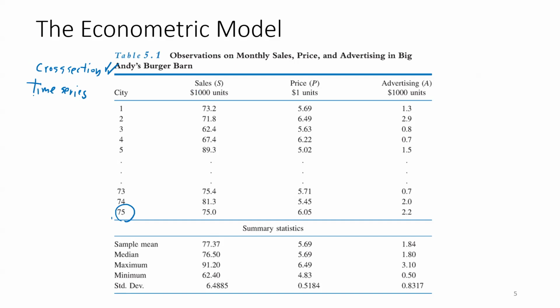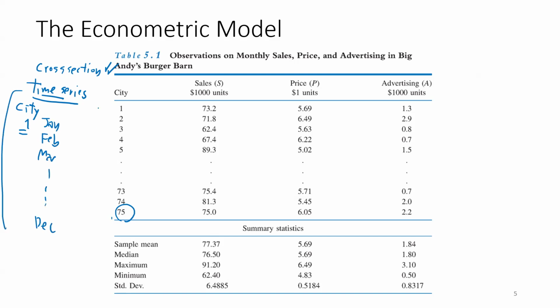What if we collect time series? It means you have the data back in the old days. For example, we have only one branch, but we collect the data every month, from January, February, March, and so on.